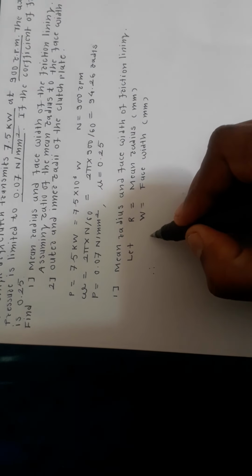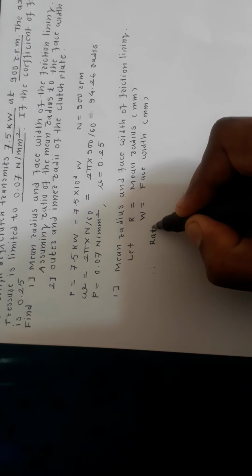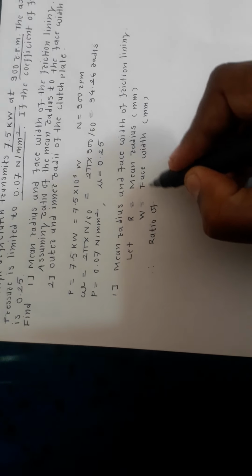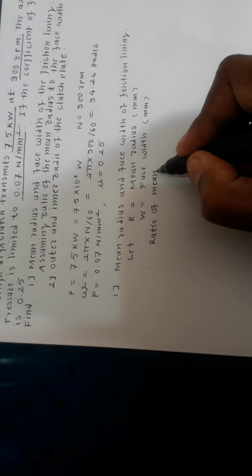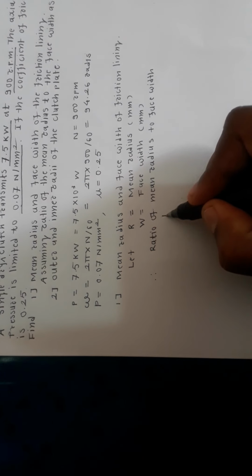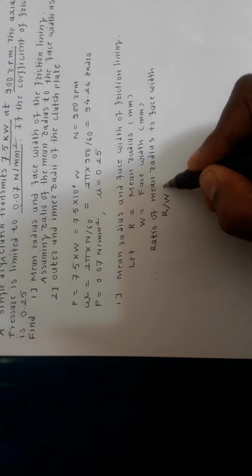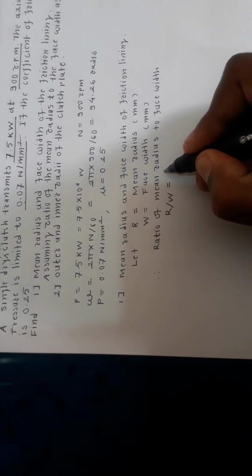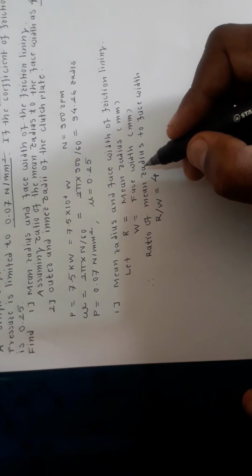So therefore the ratio of mean radius to face width is the ratio of this R by W. So this is given, the ratio of radius to the face width as 4.